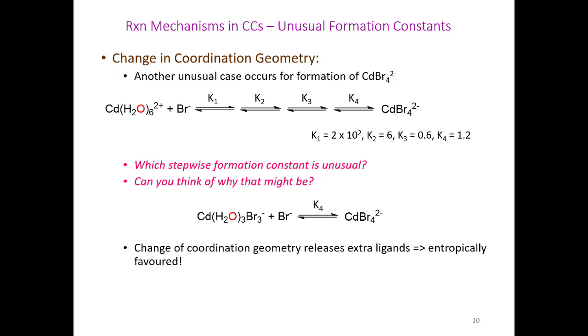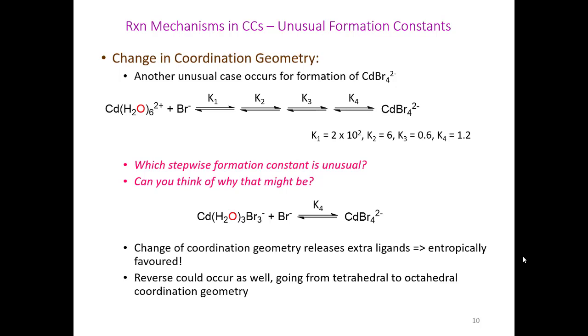So when you're drawing out your balanced equation, you have to put in 3 water molecules on the right side. And because of this, there's a strong entropic driving force for this reaction. So the thermodynamic driving force comes from an increase in entropy and disorder in the system. It's important to note that the reverse could occur as well.